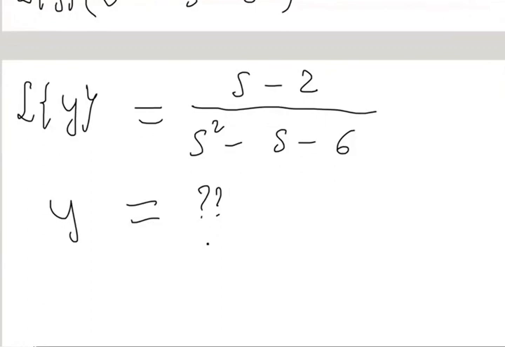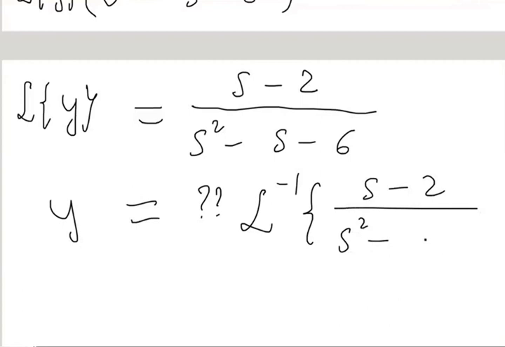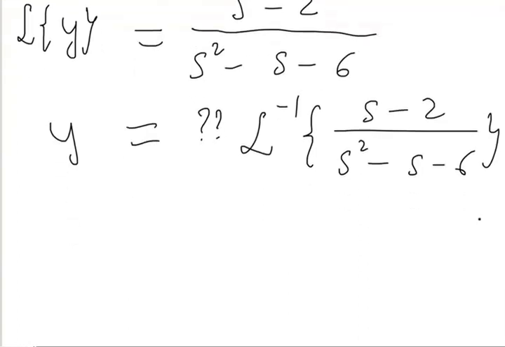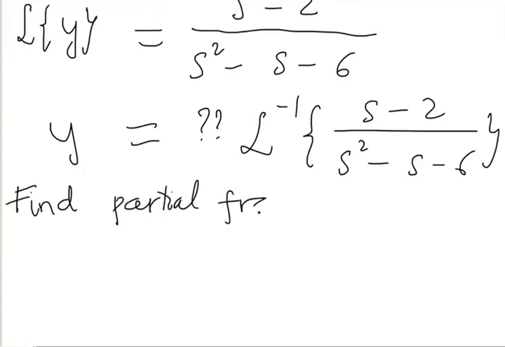But this is just the content of the previous topic. Laplace transform of y is the fraction like this. So y is nothing but the inverse Laplace transform of the fraction. And we know how to determine the inverse Laplace transform using partial fractions. So let me do that here. Find partial fractions.